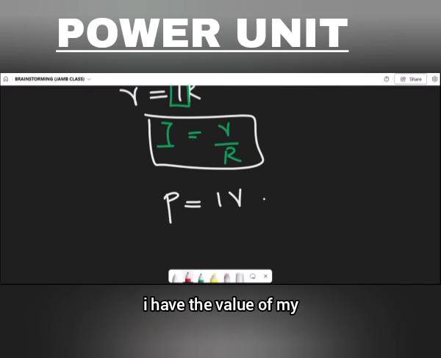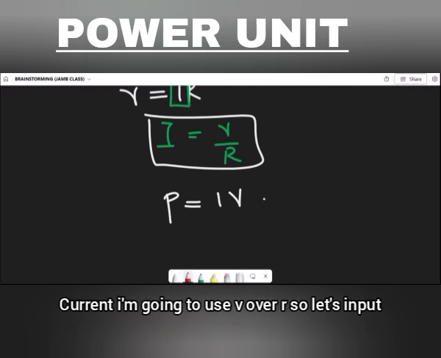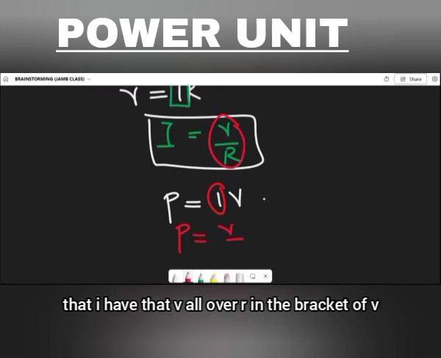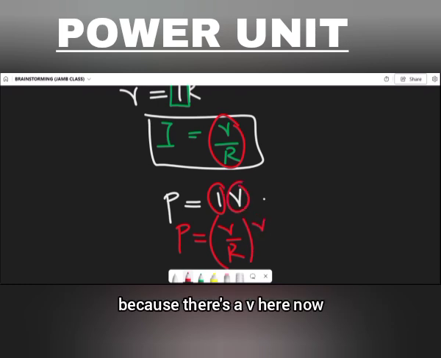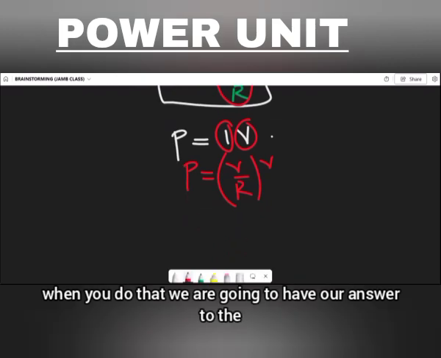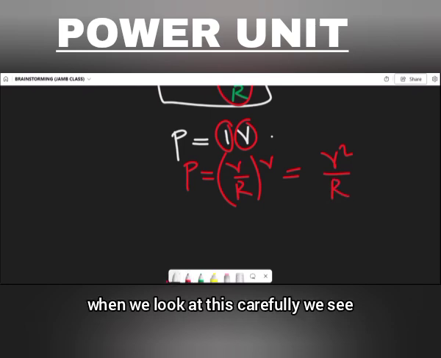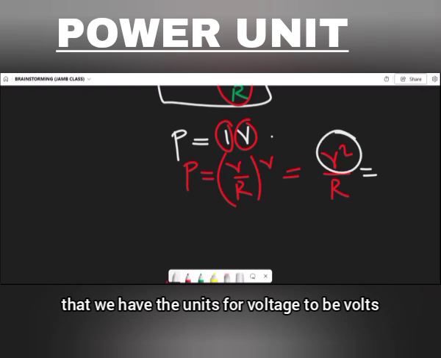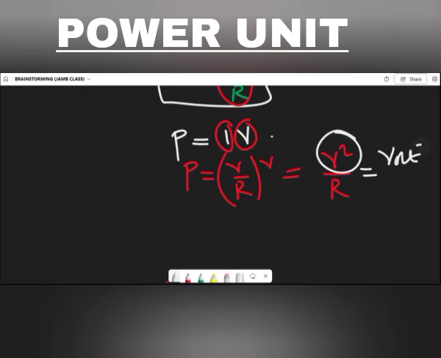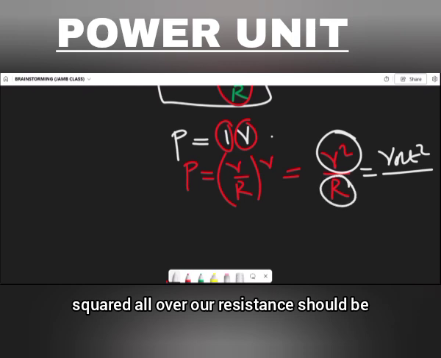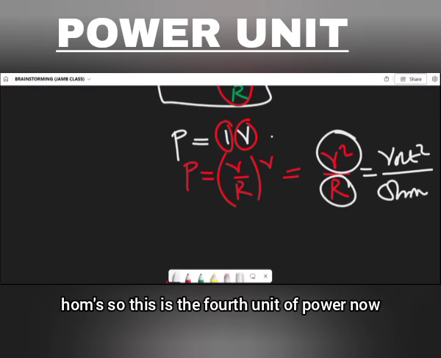Any place I have the value of my current, I'm going to use V over R. So let's input that. I have V all over R in the bracket of V. When you do that, we are going to have our answer to be V squared over R. Now when we look at it carefully, we see that we have the units for voltage to be volts squared all over our resistance, which is ohms. So this is the fifth unit of power.